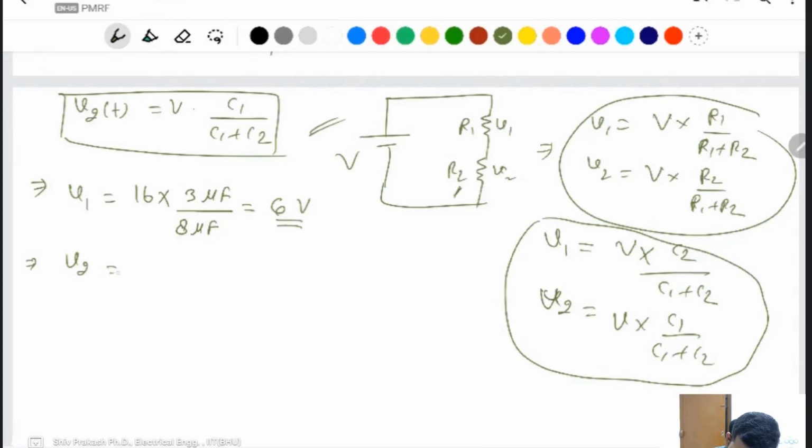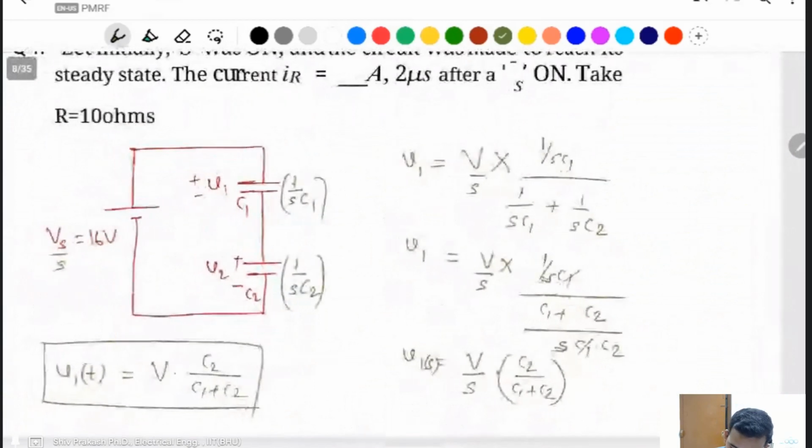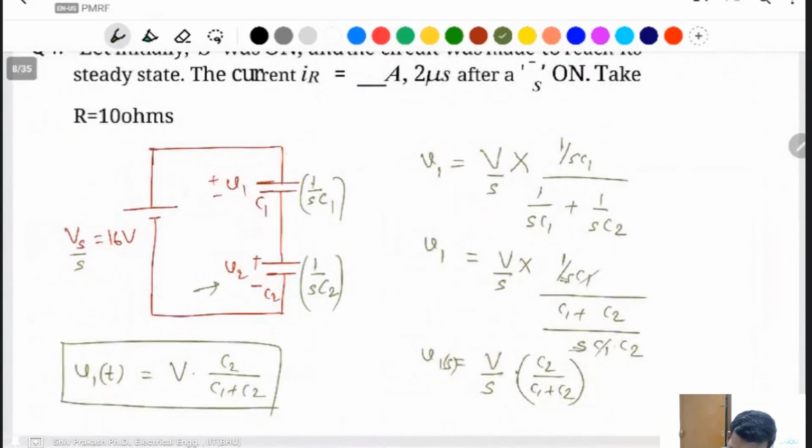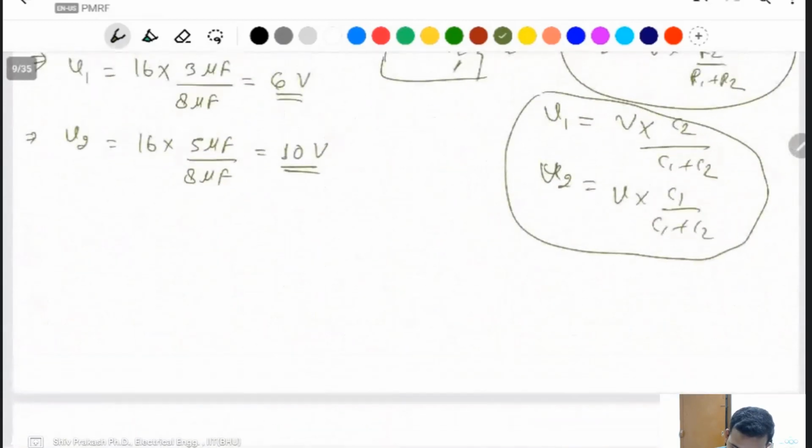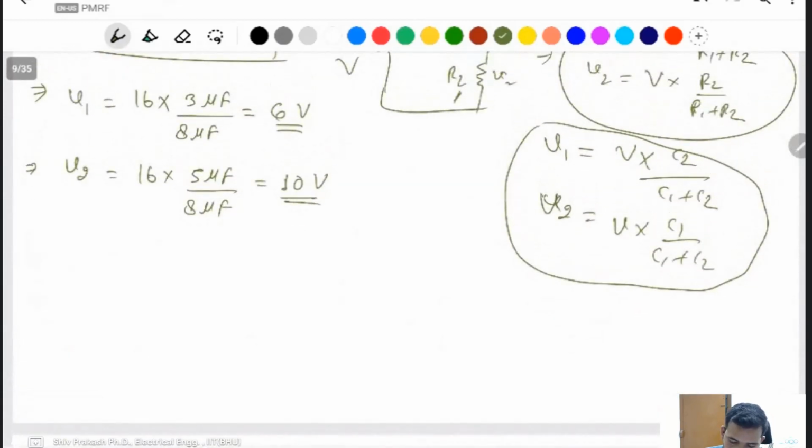Then V2 is 16 into 5 microfarad divided by 8 microfarad, which is equal to 10 volt. It means 10 volt appears here and 6 volt appears here. Total 16 volt.